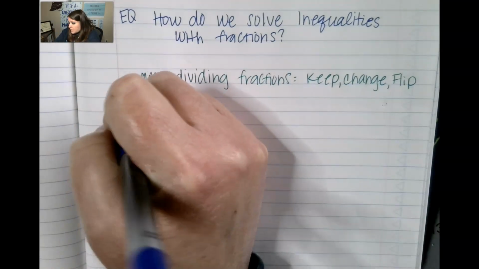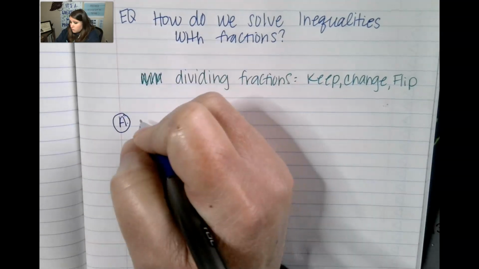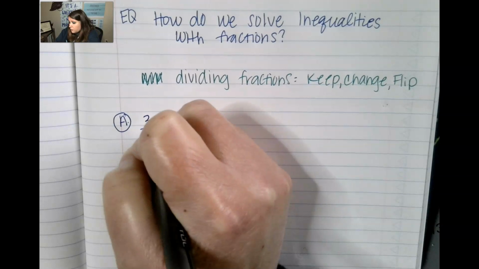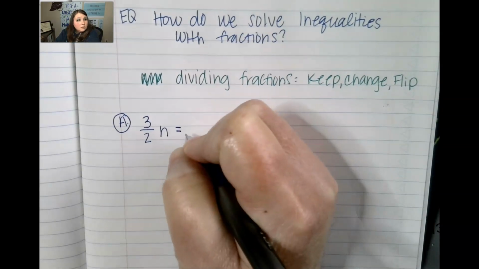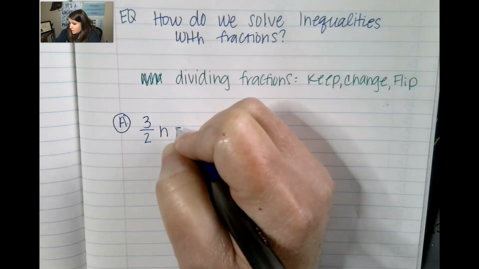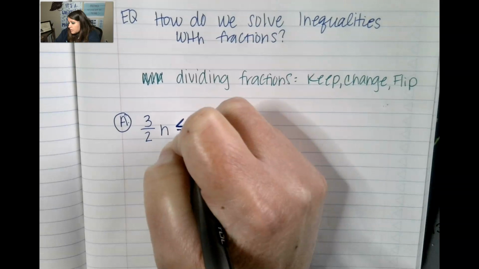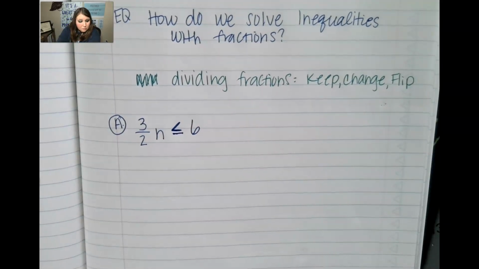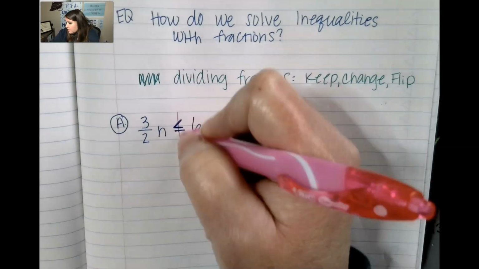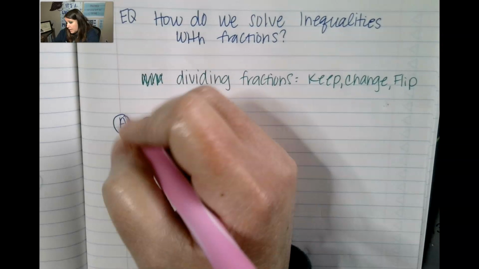So for example, let's say that I have 3 over 2n is less than or equal to 6. So in this problem, we look at this and we see that this has a multiplication, right?